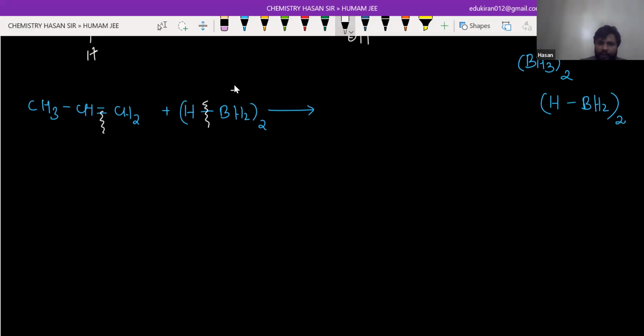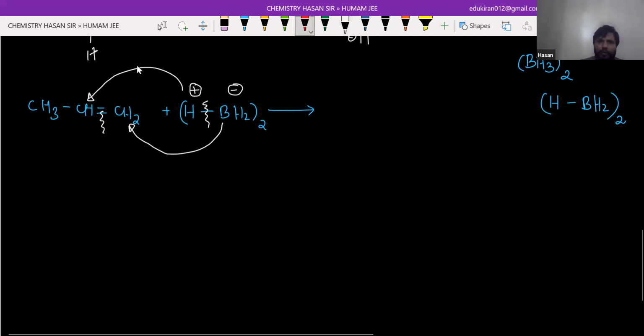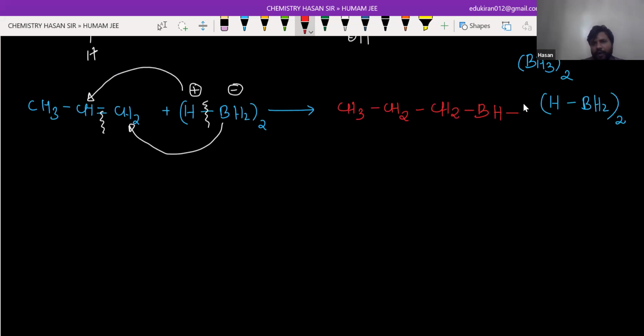This will have negative, as I told you, and this will have positive. Anti-Markovnikov will be followed. So this will go to this carbon, and this positive will go to this carbon. So what we will have is very simple: CH3, then CH, and one hydrogen adds up to make CH2, and this becomes CH2, BH2, with the other BH2 and H.